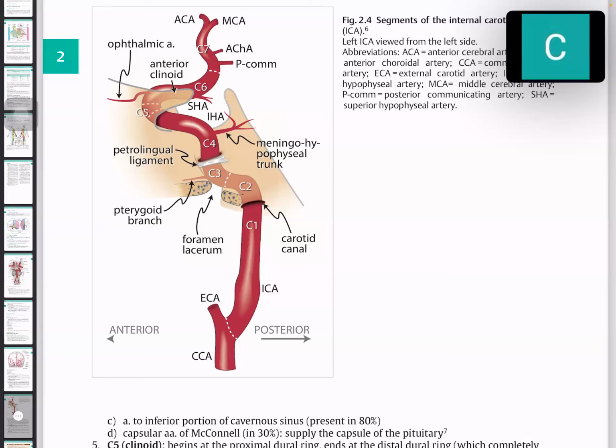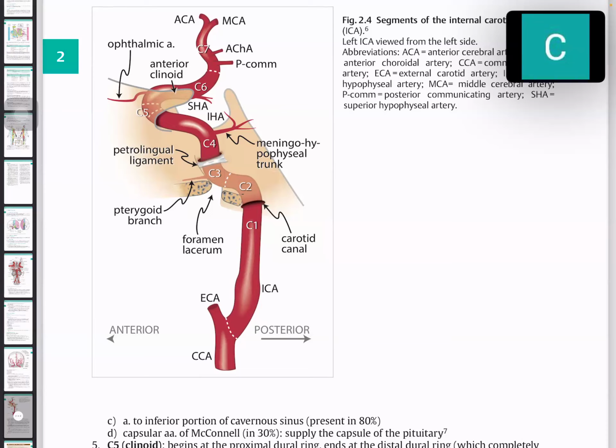It ends at the level of its entry into the carotid canal in the petrous bone, where you can see it take a sharp curve anteriorly and then superior-medially. It ends at the external ring of the foramen lacerum, where it takes now the name C3, which is the lacerum segment.